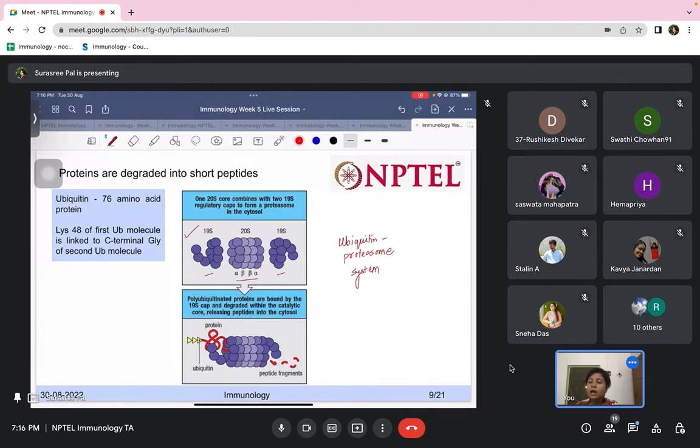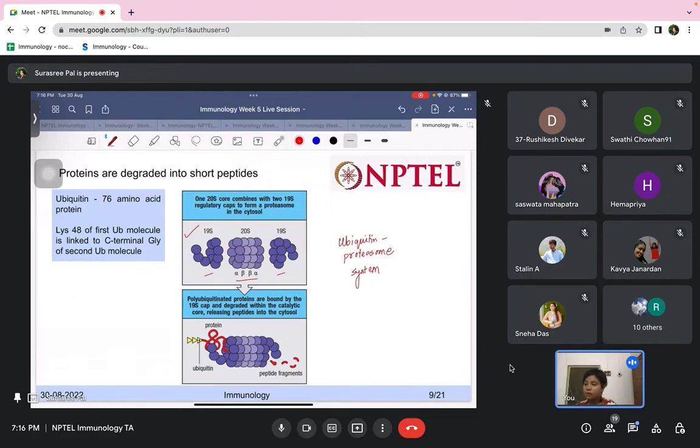It is called ubiquitin because it was found ubiquitously in the cells, which is why it was named ubiquitin. And this 76 amino acid protein is added to the target protein, which has to be degraded. So how does this take place?